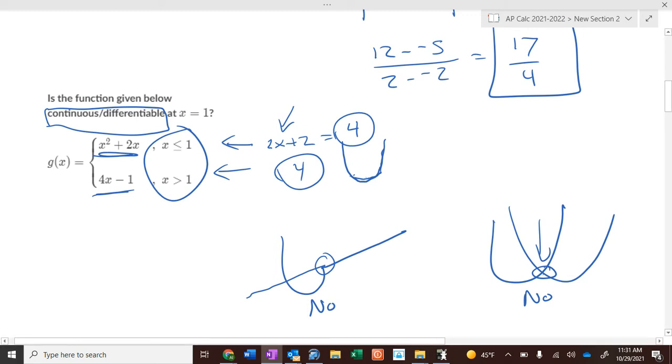You have to plug in the 1 first to figure out if it's continuous. And if you take the first derivative from both sides, and it's the same derivative from both sides, it's differentiable.